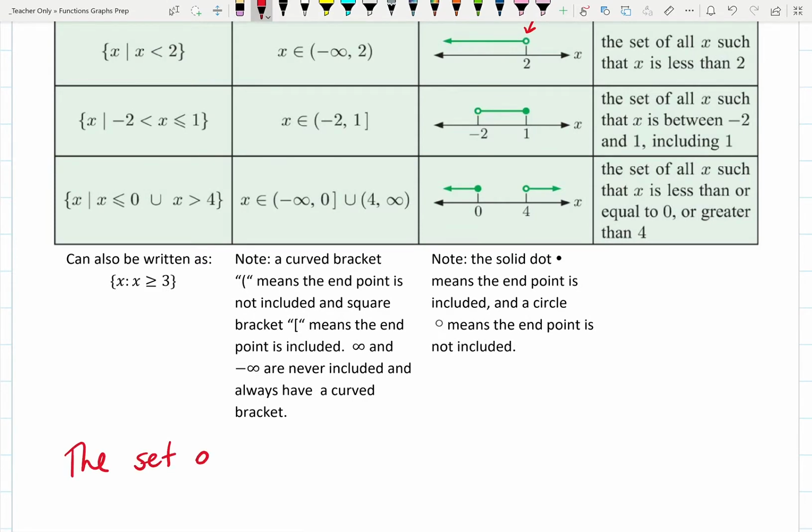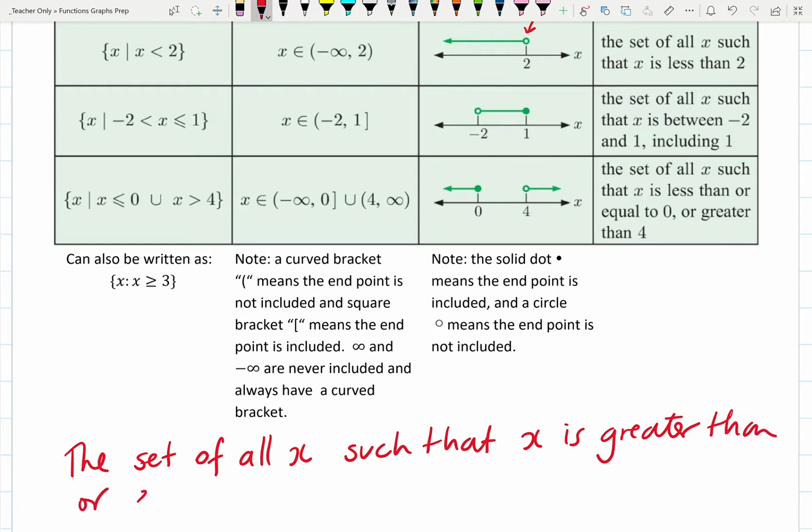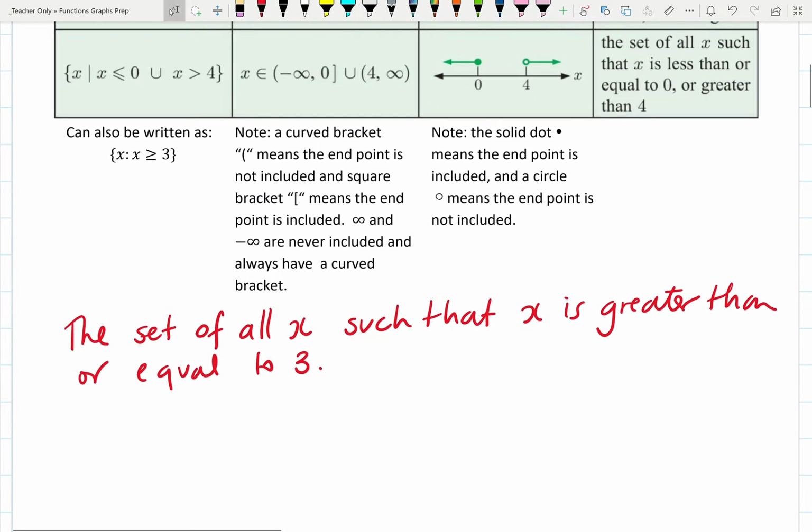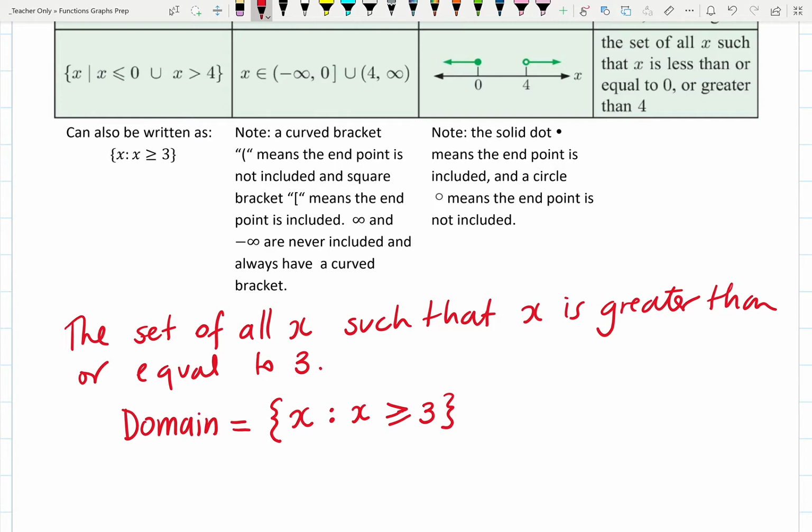The set of all x such that x is greater than or equal to 3. And when you're writing the domain, you would also write domain equals the set of all x such that x is greater than or equal to 3, and then close the brackets.